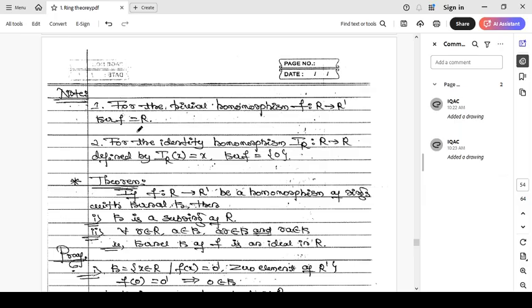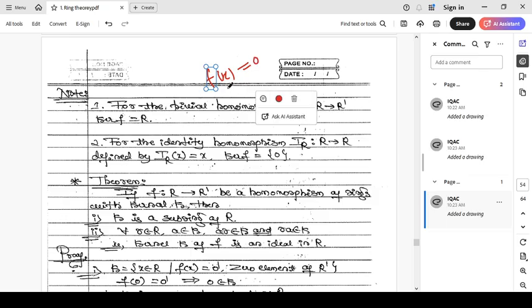Trivial homomorphism means f of x is 0 for every x belonging to capital R, where 0 is the zero element of R dash. So for the trivial homomorphism f, a mapping from R to R dash, we get the kernel of f equal to capital R.